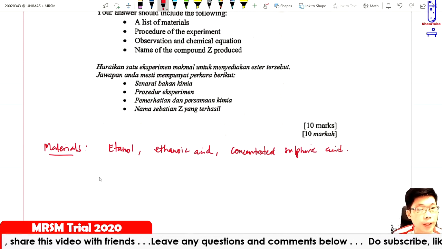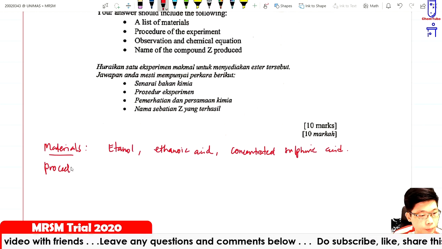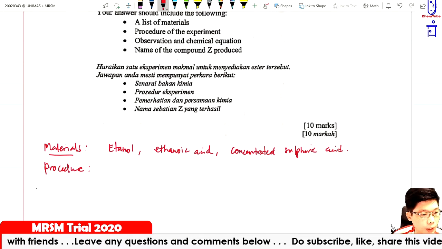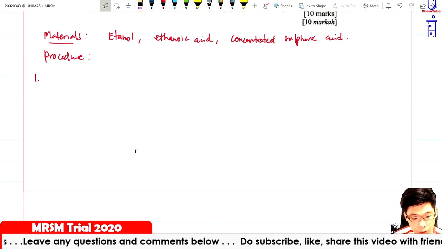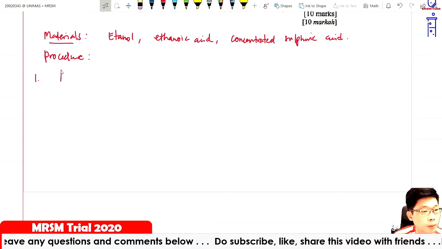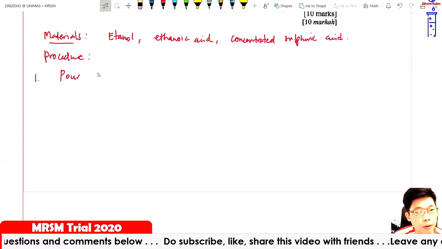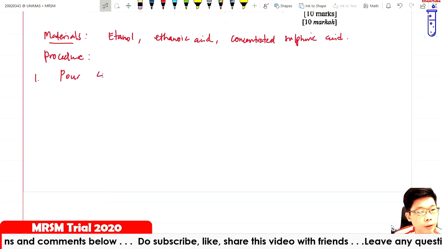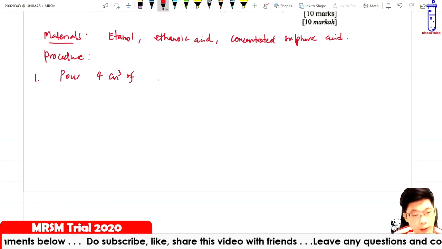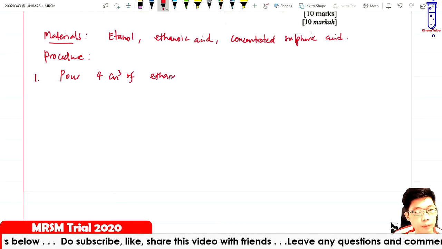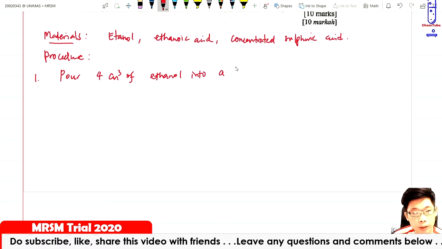Okay, after that we need the procedure. So the first steps we need to do. First one, we pour, let's say, 4 cubic centimeter of ethanol into a boiling tube.